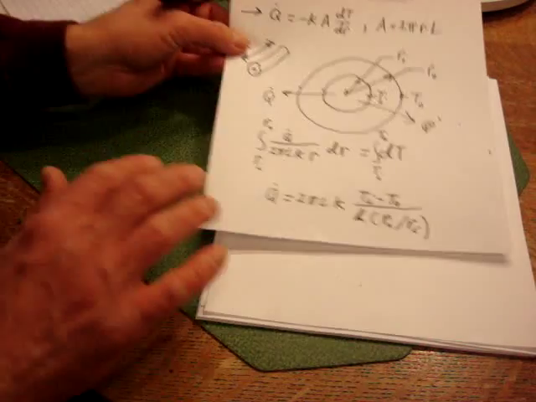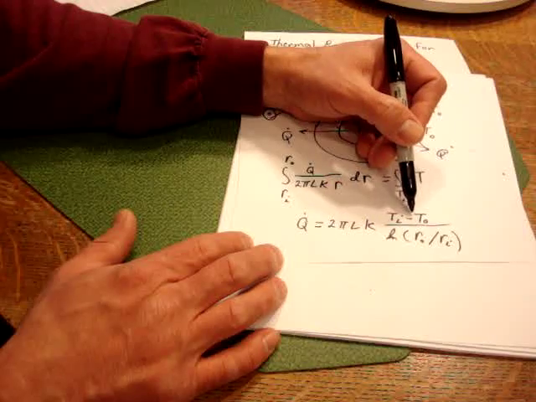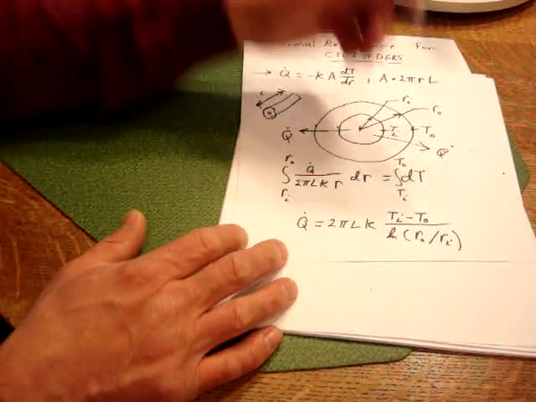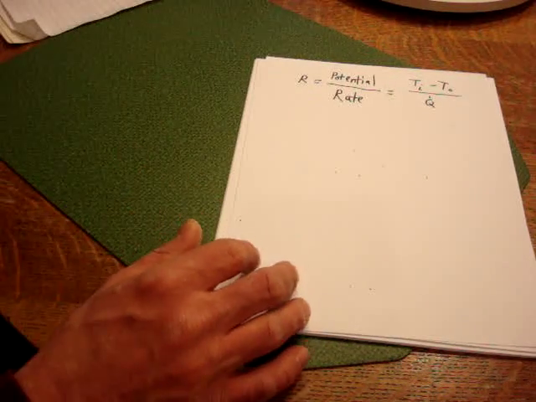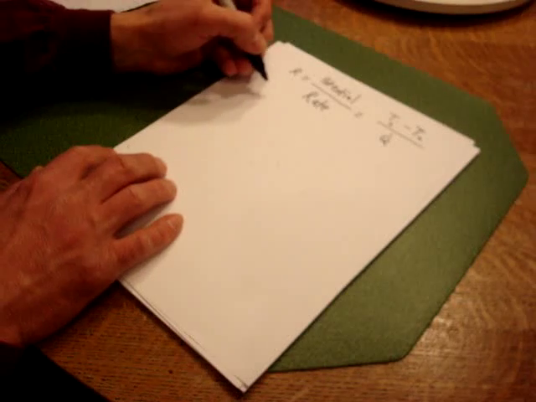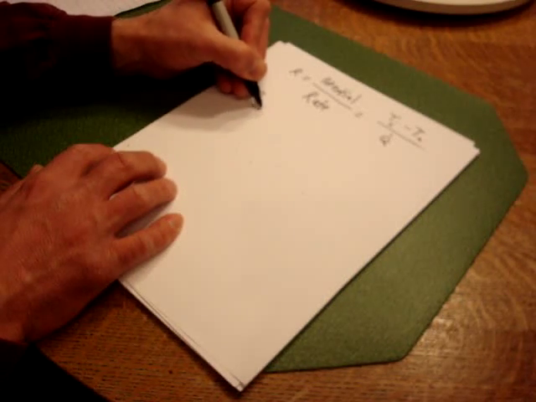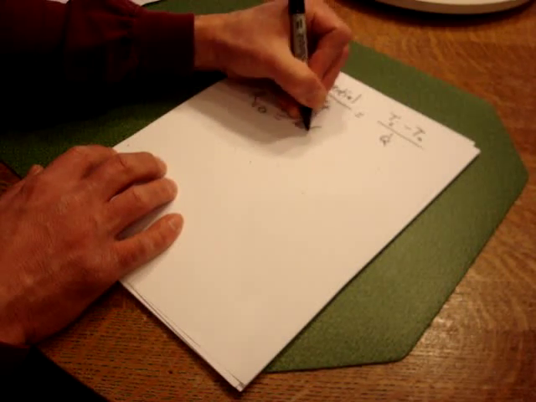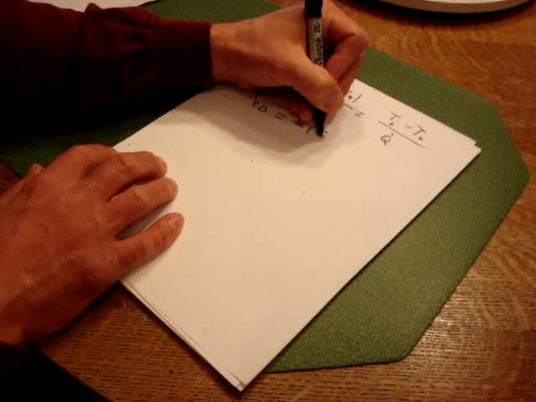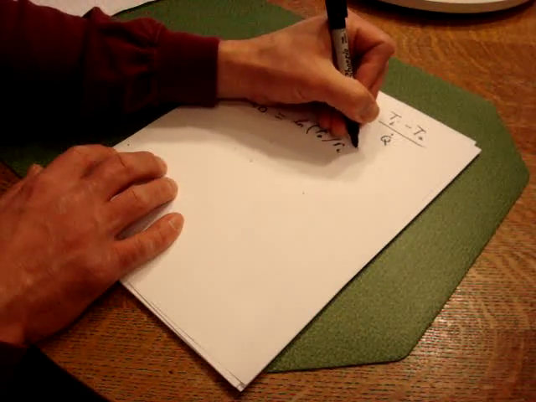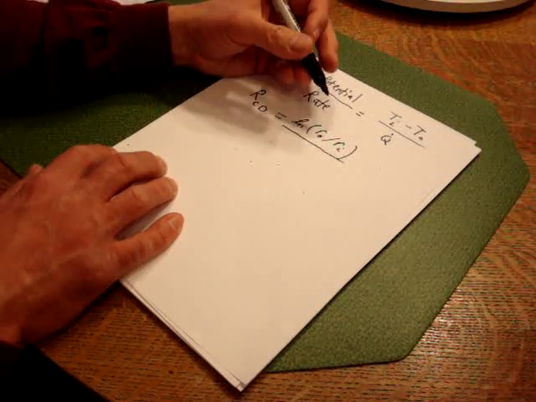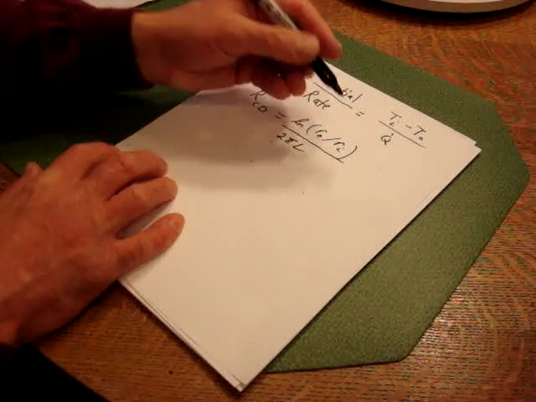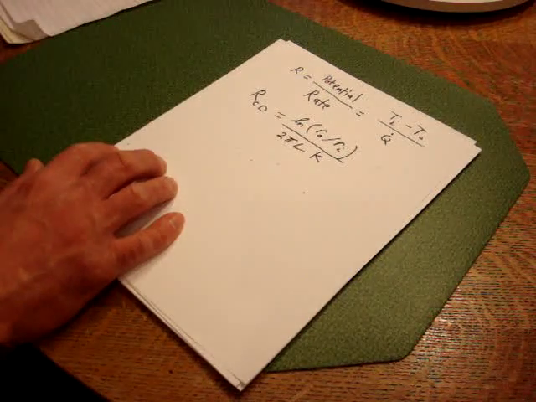So if we take this equation and solve for potential divided by rate, which would be our delta T divided by Q dot, what you would have left, if you did the algebra, is the resistance due to conduction for a cylinder, and that would be equal to the natural log of r on the outside divided by r on the inside, divided by 2 pi, the length of the pipe, times the thermal conductivity.